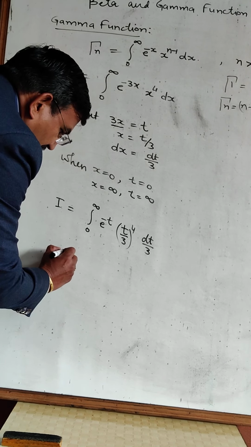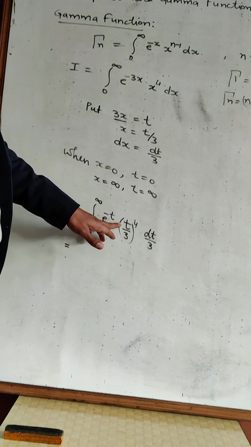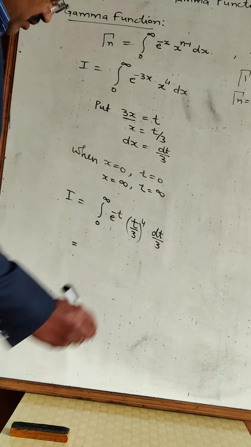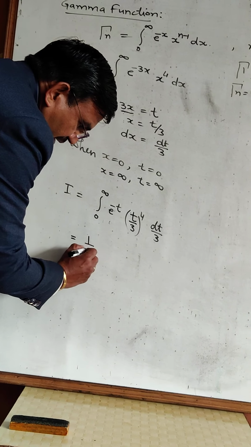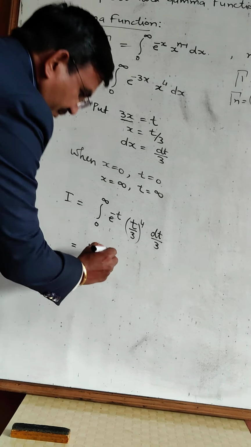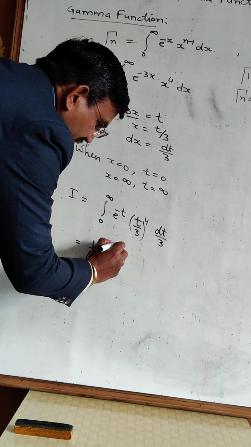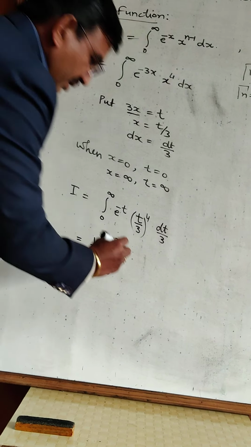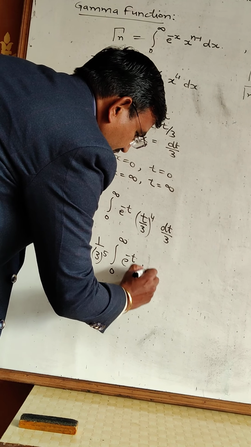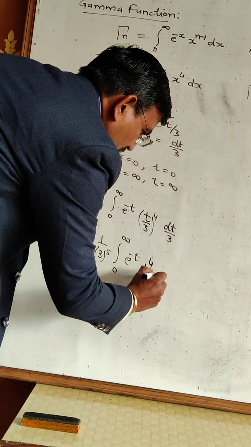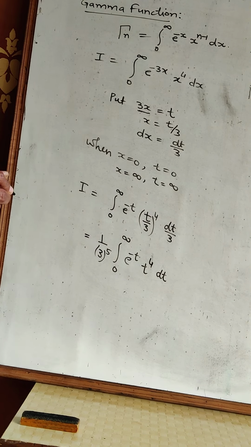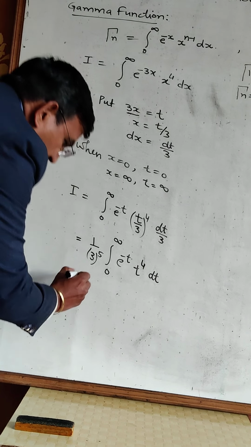And from here 1 by 3 raised to the power 4 times 1 by 3, the whole constant will be 1 by 3 raised to the power 5, integral 0 to infinity e raised to the power minus t, t raised to the power 4, dt.